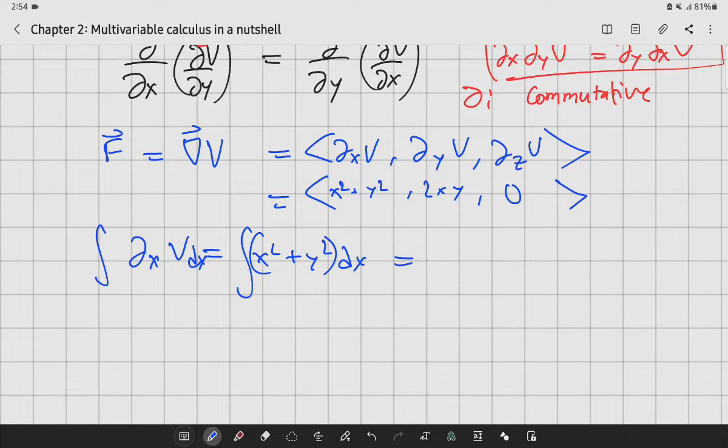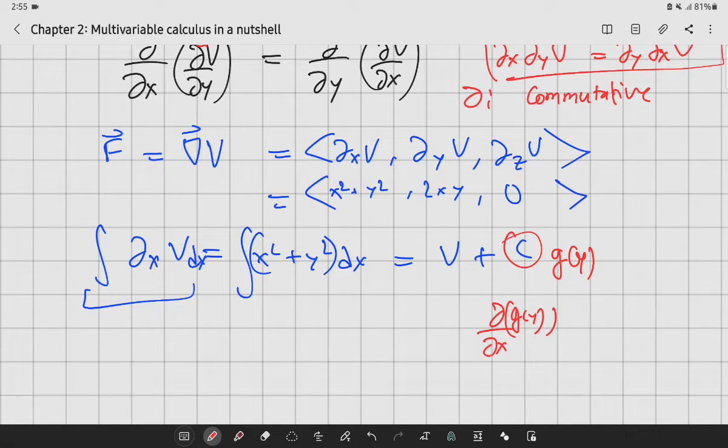What will I get? The integral of this is V, right? Actually no, because you're missing a constant. This is the most stupid mistake, and it's quite common actually, missing this constant. But in this case, this constant is not just a number like 1, 2, 3, pi, e. This constant can be a function of y. Why is that? Because if I take partial x of g of y, this is treated as constant because partial x ignores y and it gives you 0.